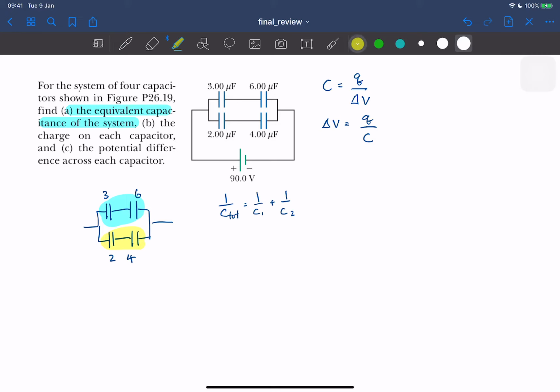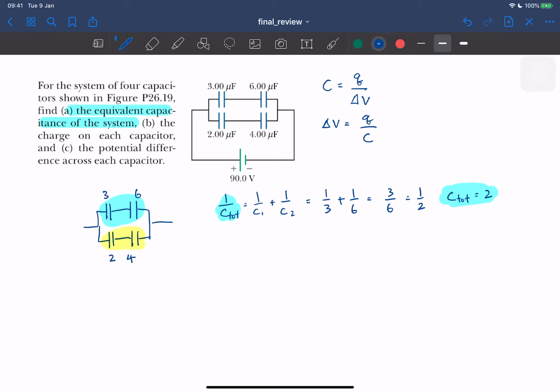For the blue one, 1 over C total is 1 over 3 plus 1 over 6. This is 3 over 6, which is 1/2.